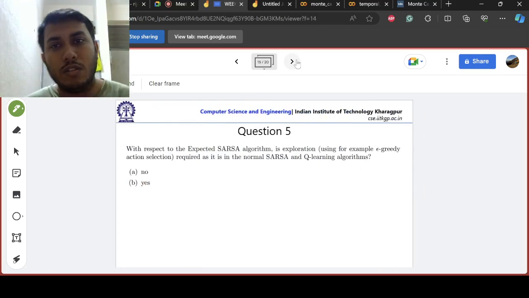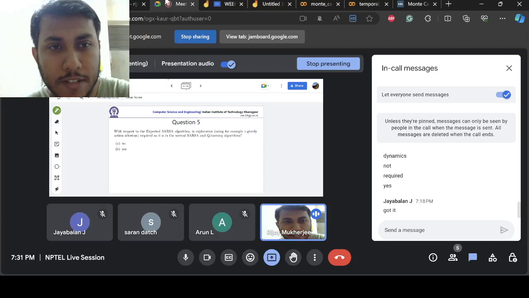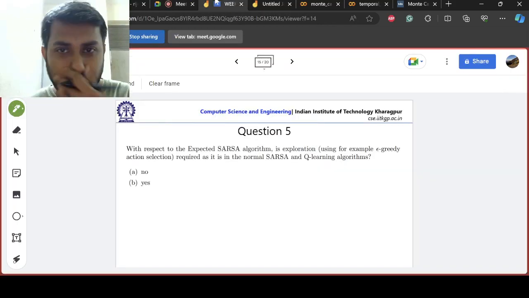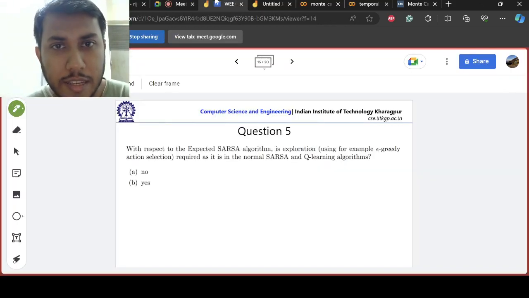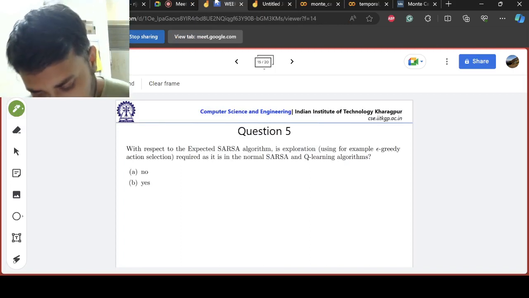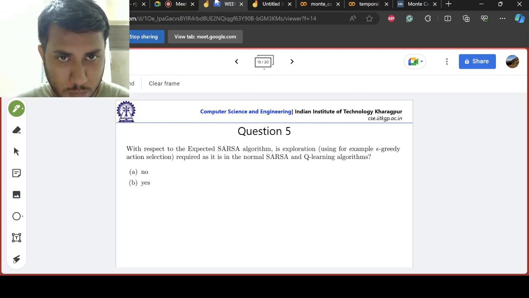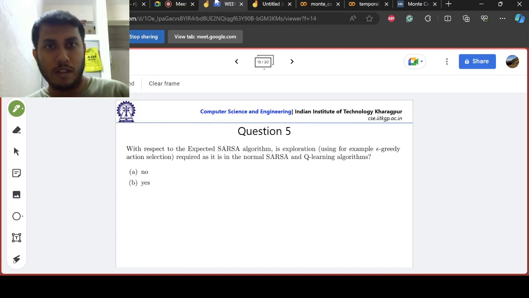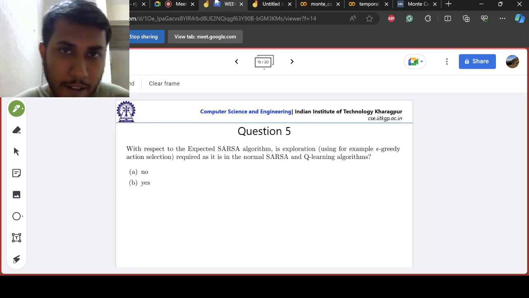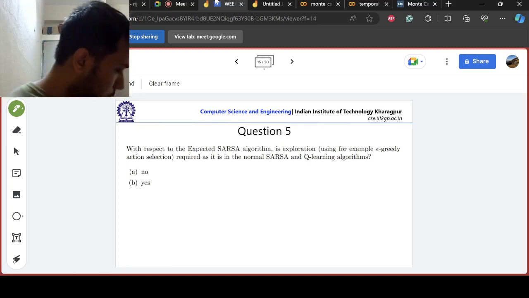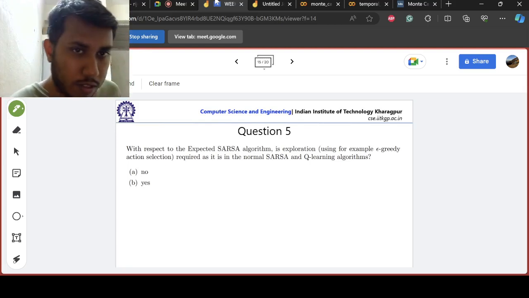Okay. So now we come to this part, expected sarsa and sarsa. So with respect to expected sarsa, is exploration required as it is in normal sarsa and Q learning? Expected sarsa.